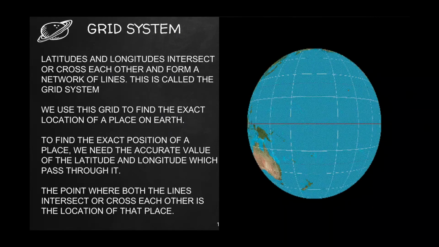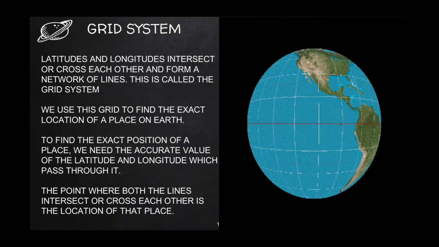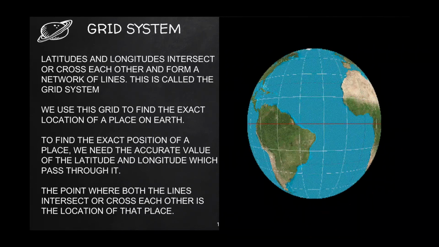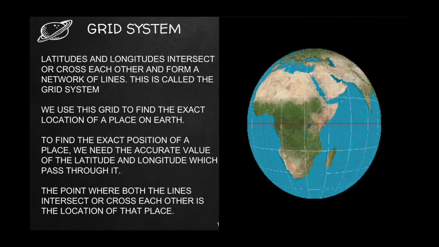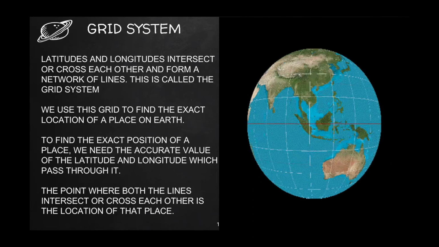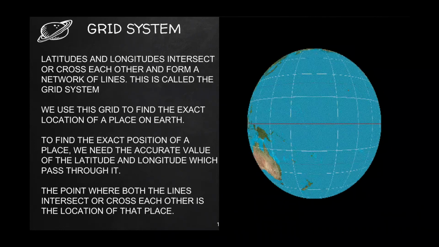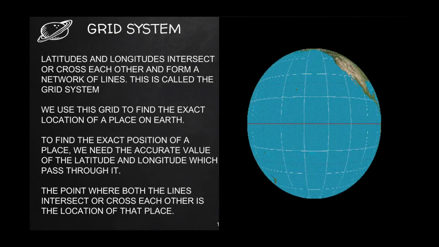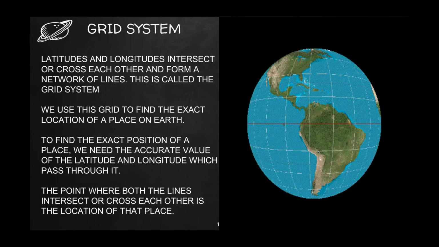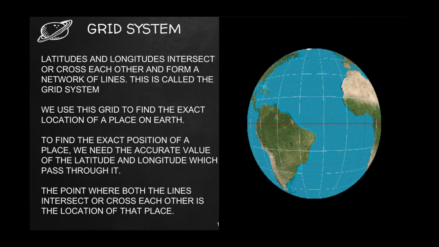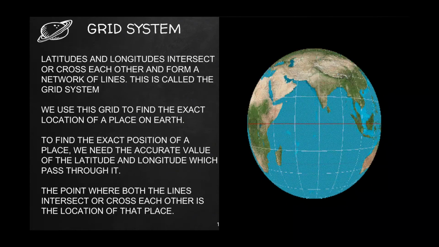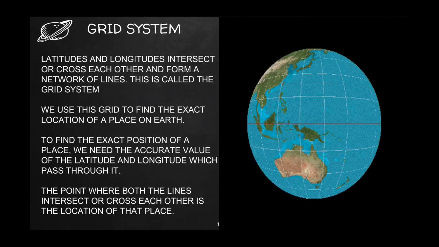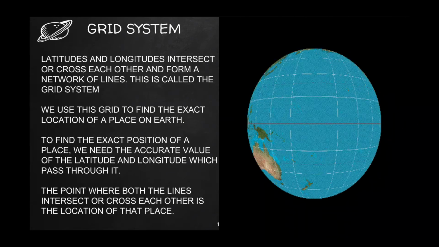We use the grid system to find the exact location of a place on Earth. To find the exact position of a place, we need the accurate value of the latitude and longitude which pass through it. The point where both the lines intersect or cross each other is the location of the place.